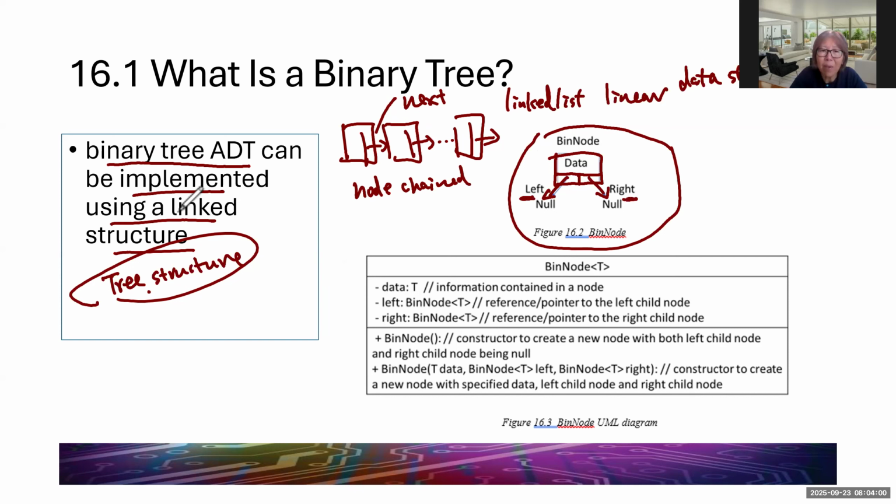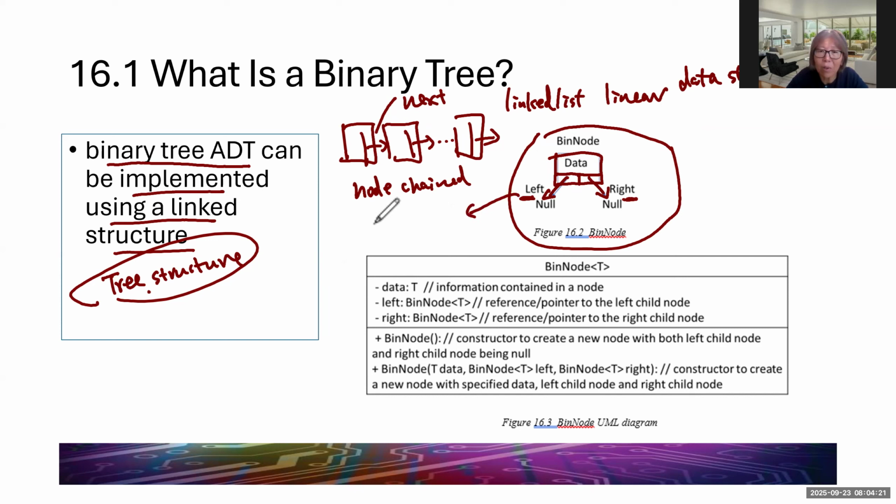When we implement a binary tree using a linked structure, the basic building unit is the bin node. The bin node has three parts: the data part and two reference pointers that point to other bin nodes.